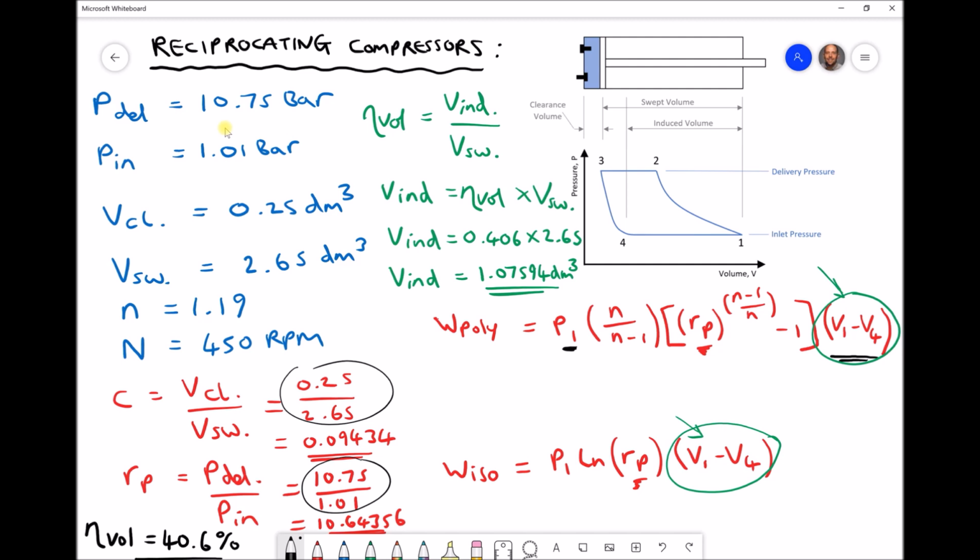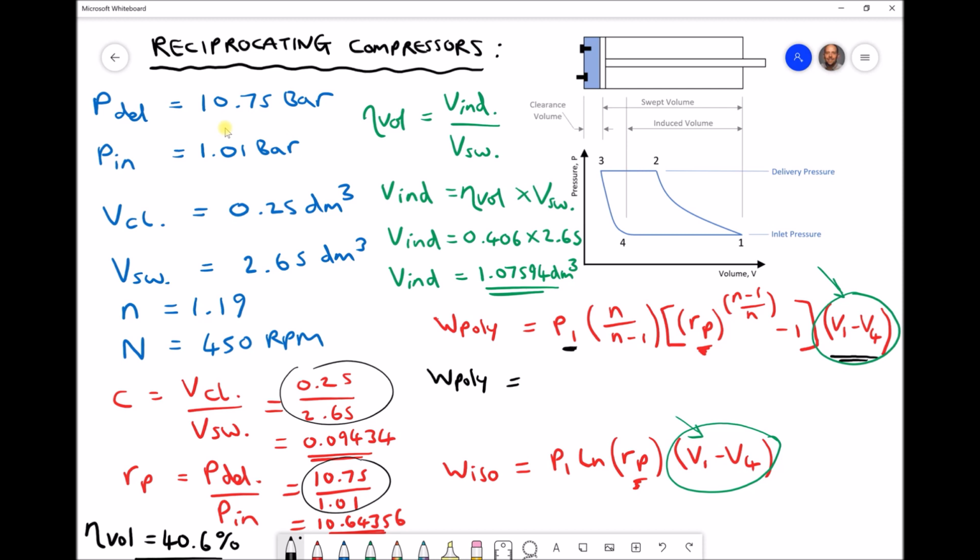Okay, so moving on to our calculations for polytropic work and isothermal work. We have the polytropic work equals P1. P1 is our inlet pressure, and we see in the top left-hand corner that is 1.01 bar.